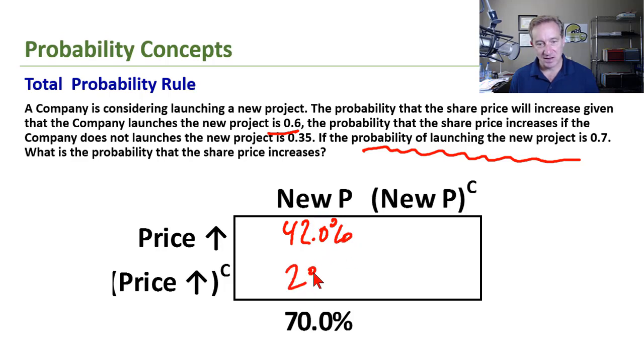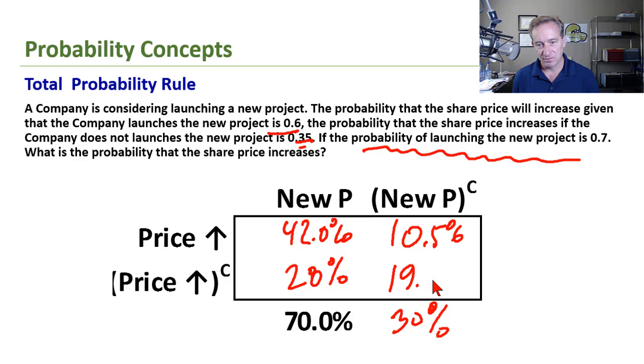Well, that means I have a 28% here. And then I also note, since these two are collectively exhaustive here, I also know I have a 30% here. And up here I have 35% multiplied by the 30%, or 10.5%, meaning I'm left with 19.5% here.